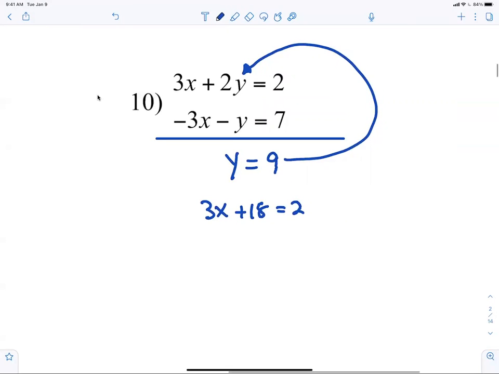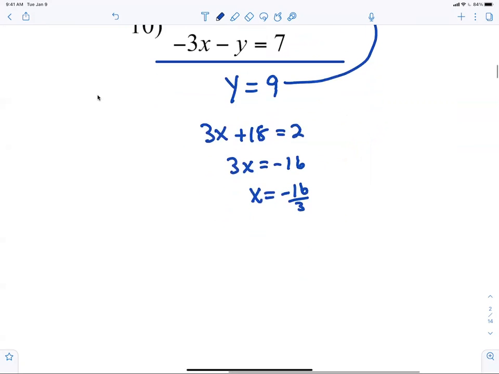Is that right? So 3x equals, so x is negative 16/3, it looks like to me. Anybody else get that? So now we have negative 16/3, comma 9. Everybody good?